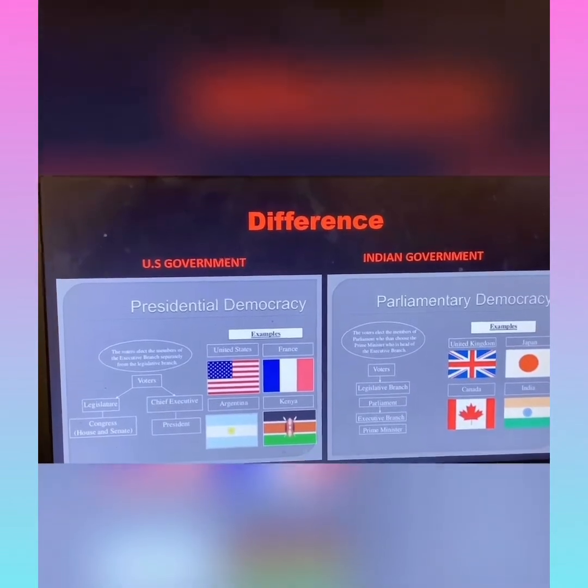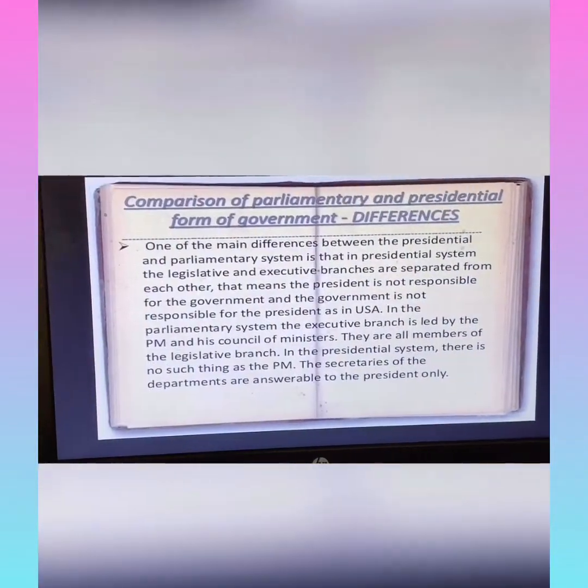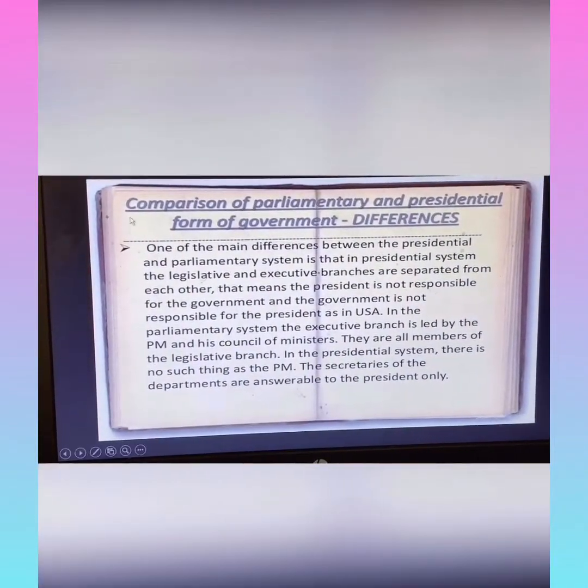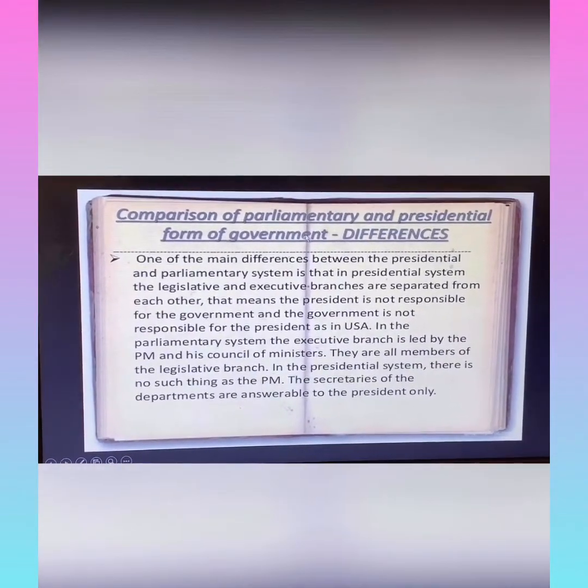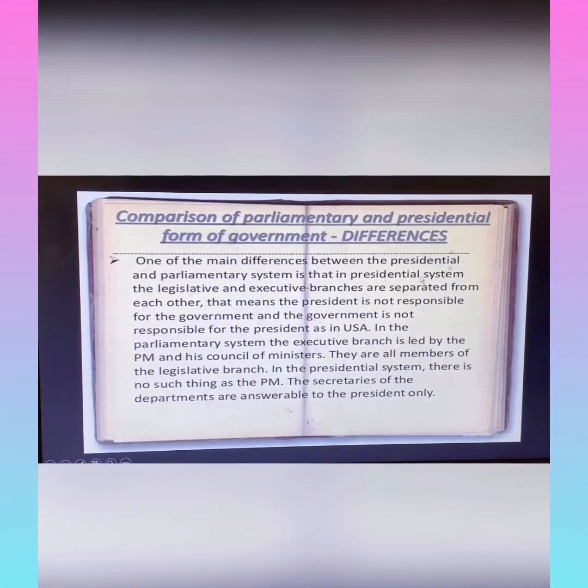First, here is the slide, the comparison of parliamentary and presidential form of government.